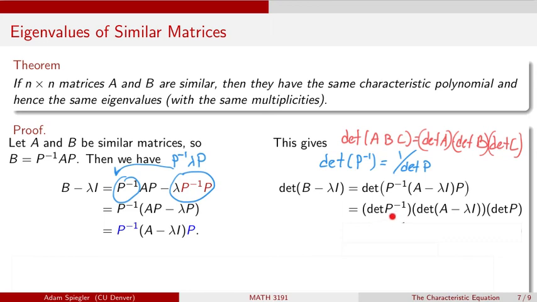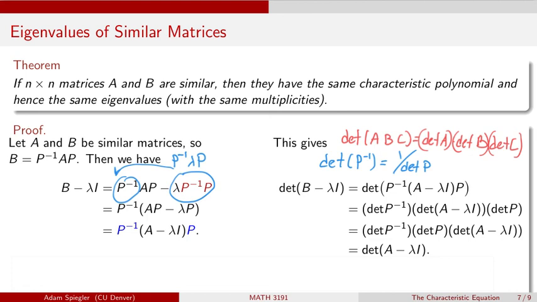So taking the determinant of P inverse times the determinant of P would just give us the number 1. And so this product of three determinants therefore simplifies down to just the determinant of A minus lambda I.